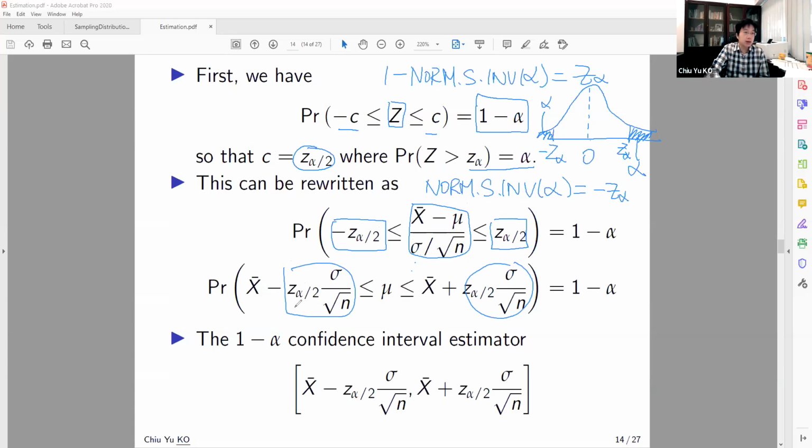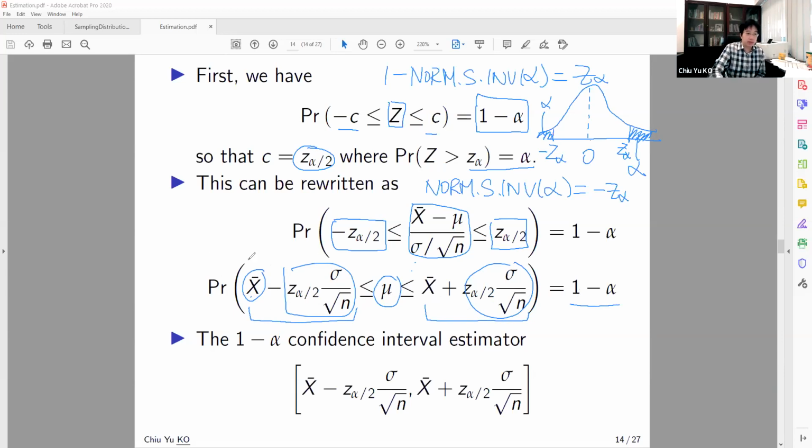That is something very interesting. We have a statement about mu, actually it should be a statement about x bar: x bar minus this and x bar plus that have a probability of 1 minus alpha.